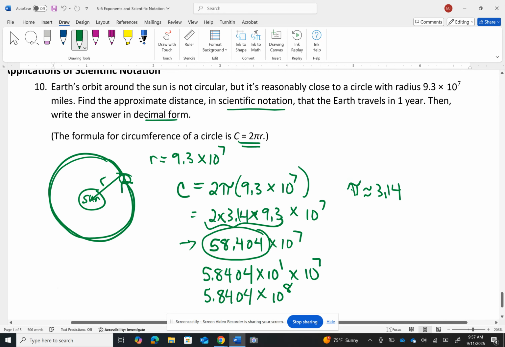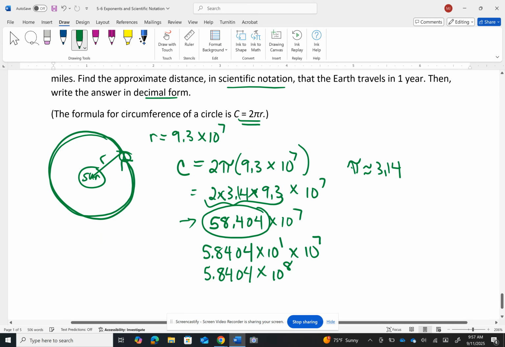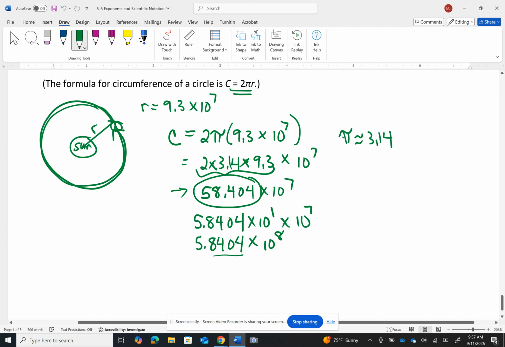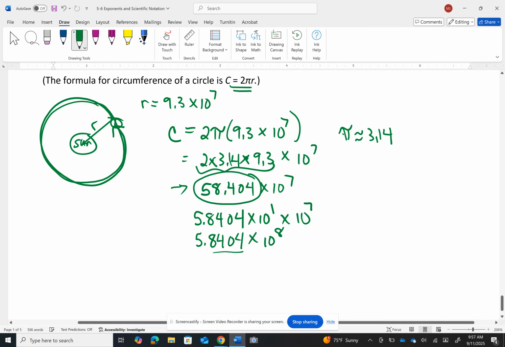Now, really, this is implying that we have more accuracy than we really have, okay? It'd be okay on that, like if you wanted to round quite a bit, you could. They didn't specify how to round, but you could easily just say, so, that's about 5.84 times 10 to the 8th, or even go so far as to say 5.8. Okay. It's approximate anyway, because this is approximate.